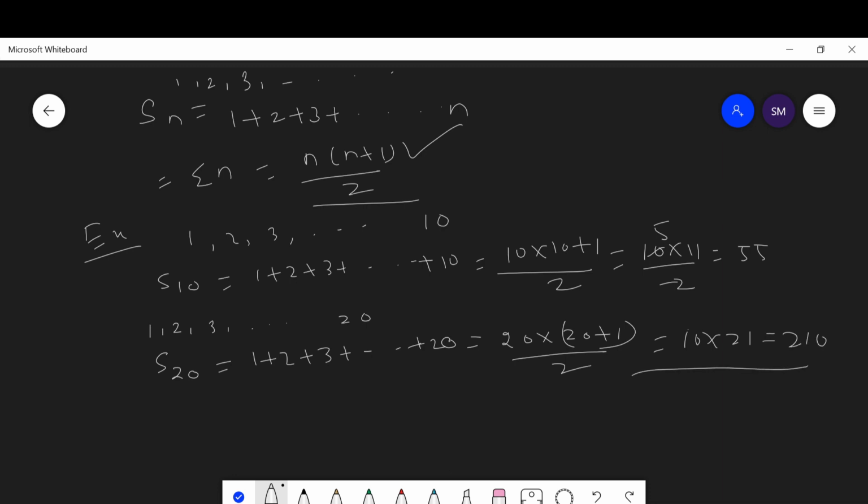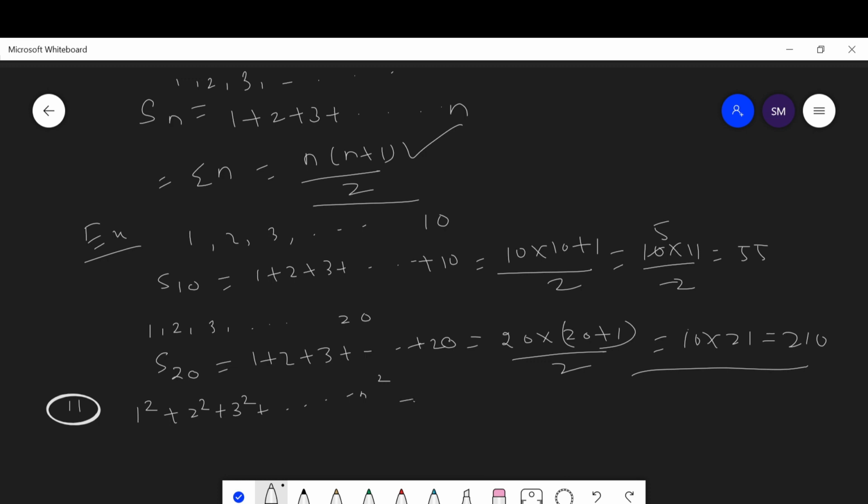Then the next important formula is the sum of the squares of n natural numbers, meaning 1 square plus 2 square plus 3 square up to n square.